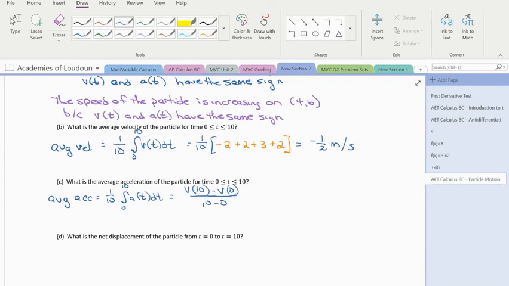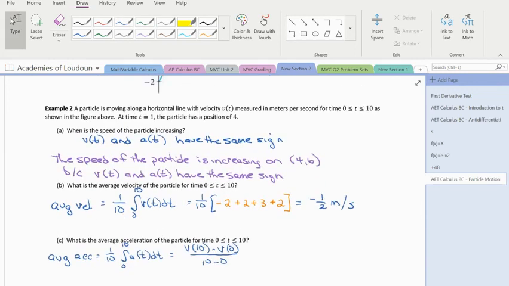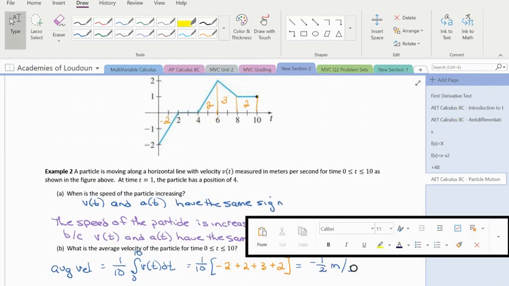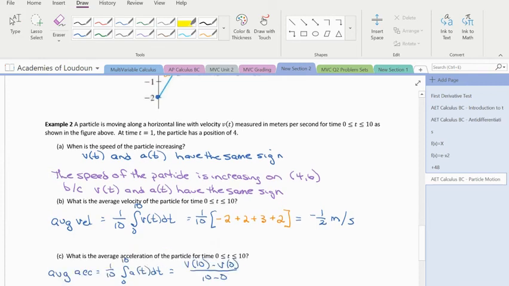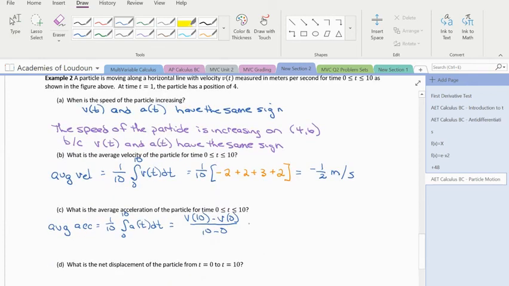These values I have. So I can look up at the graph and I can find what my velocity at time t equals 10 is, and that's 1. And my velocity at t equals 0 is negative 2. So I have 1 minus a negative 2 over 10. And that's going to give me 3/10 meter per second squared.